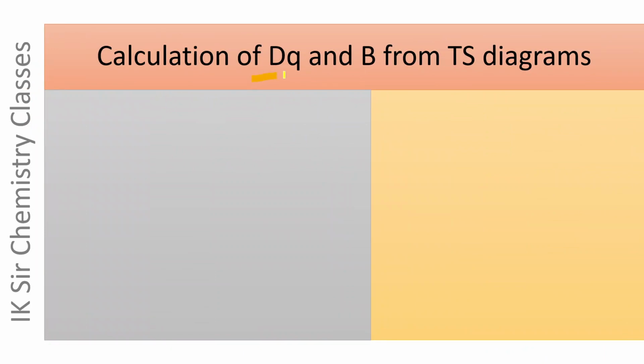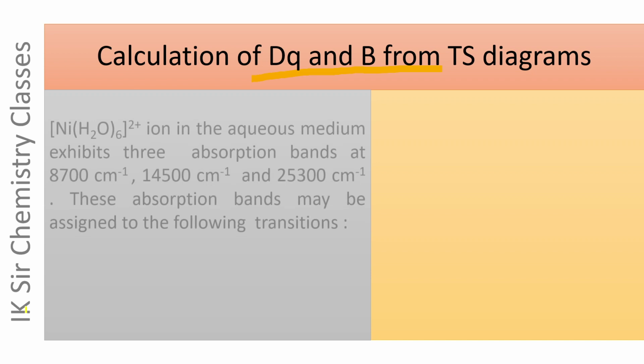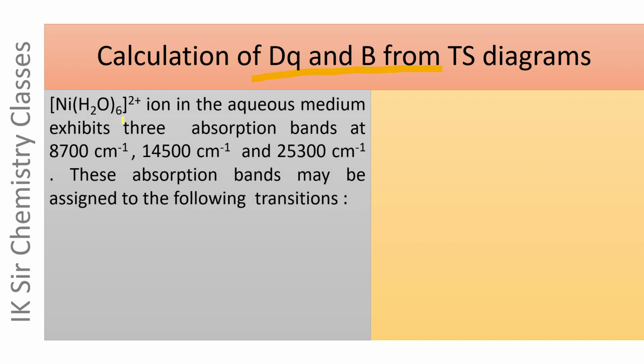Calculation of Dq and B from TS diagrams. The [Ni(H2O)6]2+ ion in the aqueous medium exhibits 3 absorption bands at 8,700 centimeter inverse, 14,500 centimeter inverse, and 25,300 centimeter inverse.